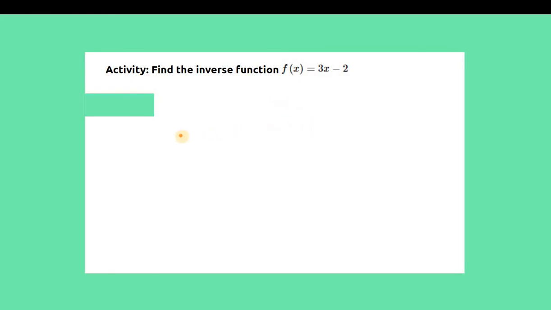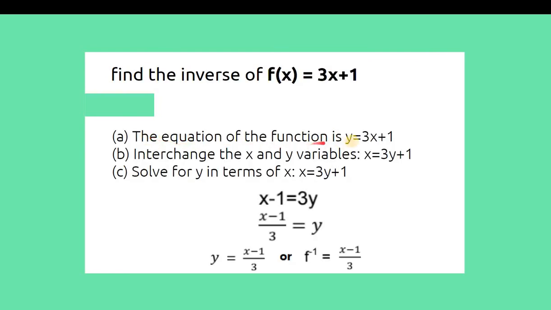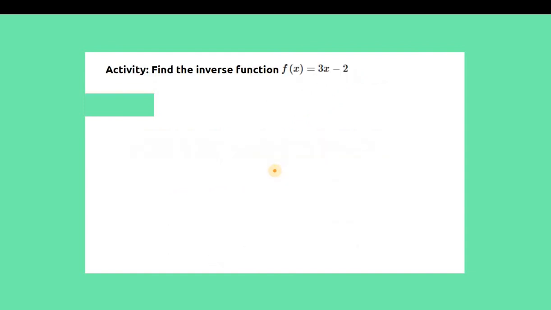You're going to use A, B, and C. Ano-ano yon? Equation of function is y is equals to yung given, interchange the x and y variables, and then solve for y. So, you can pause this video and then try to answer this on your own. And then once you're done, you can resume the video and then let's look at the answers together.